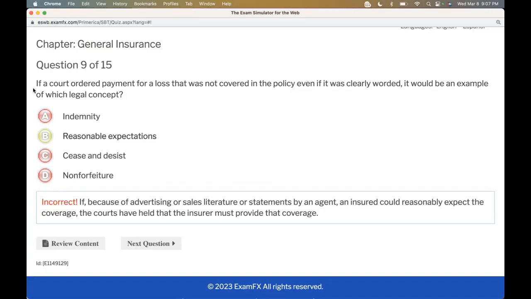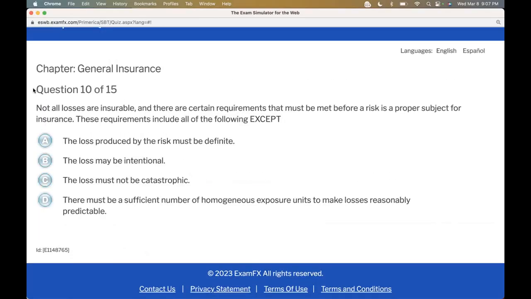Okay, reasonable expectation. Not all losses are insurable, and there are certain requirements that must be met before a risk is a proper subject for insurance. These requirements include all the following except. So it's basically talking about pure risk again. What are the characteristics of pure risk?